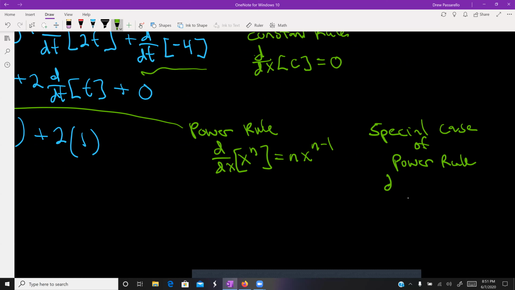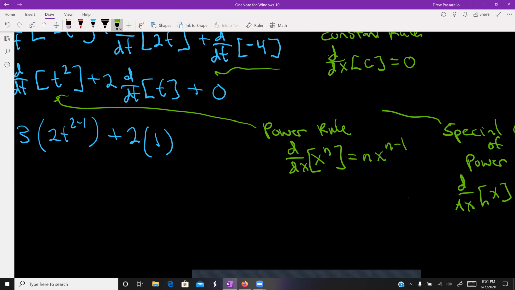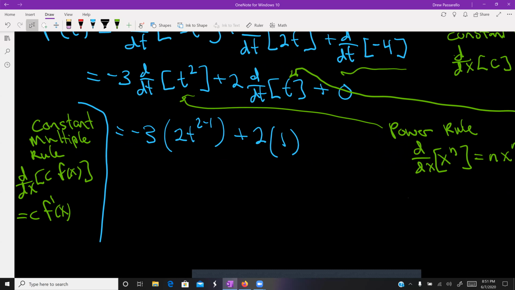So just get it ingrained in your head that anytime it's just a variable, whether it's t or x, just a variable like that, then the derivative is always going to be 1. Really I am using the power rule, but it's just a special case, so just memorize that when I just have the variable t here, it turns into 1. That's why I have 2 times 1.